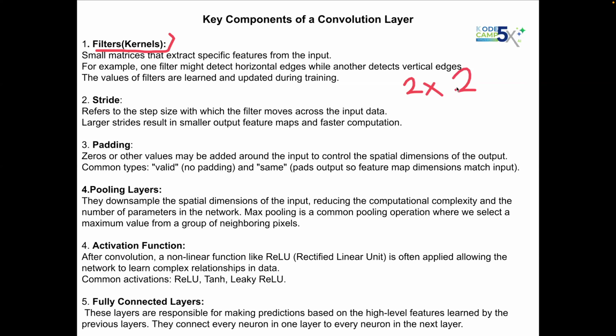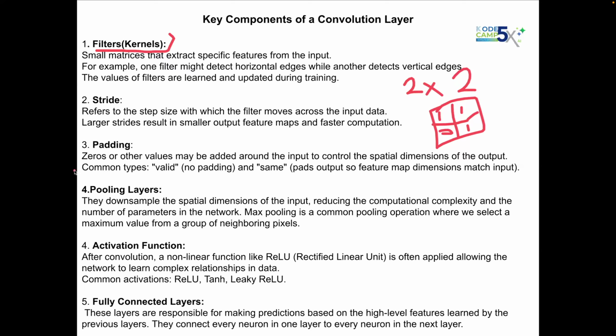Let's say, for example, this is a kernel. A 2 by 2 kernel means a 2 by 2 matrix like this: 1 0, 1 1. And then strides. They are like steps.